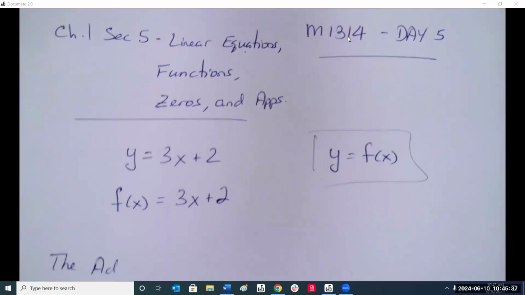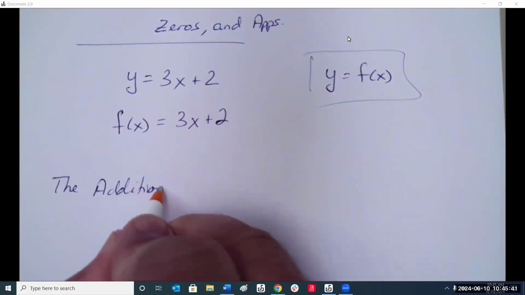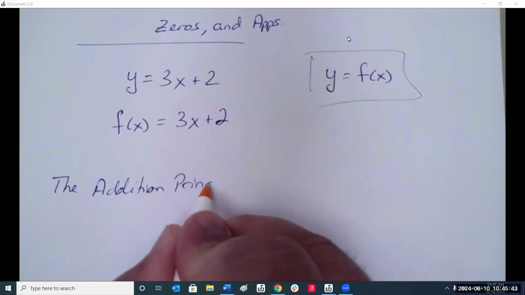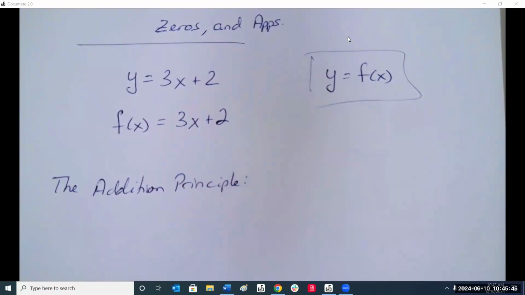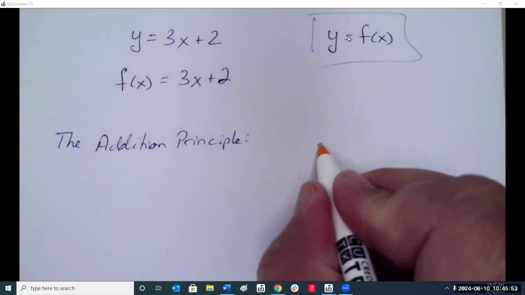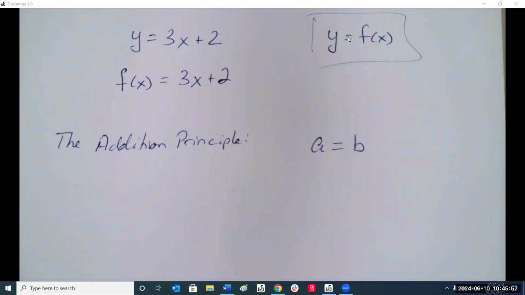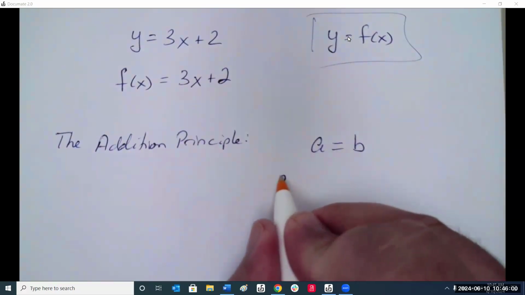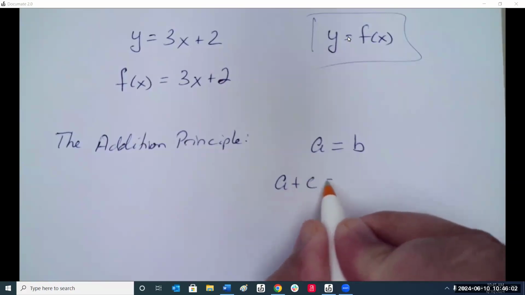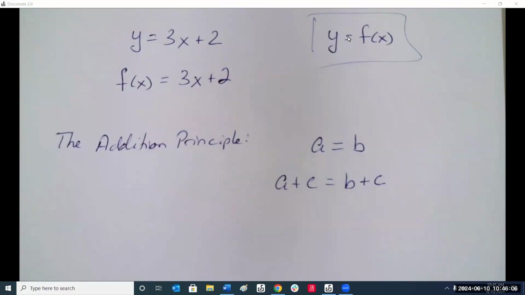We have two properties, or principles, that we have to talk about. The addition principle says this. It's pretty straightforward. If A equals B, and we add a number C to A, because of equality, we'll do the same thing to B, and then they're equal.